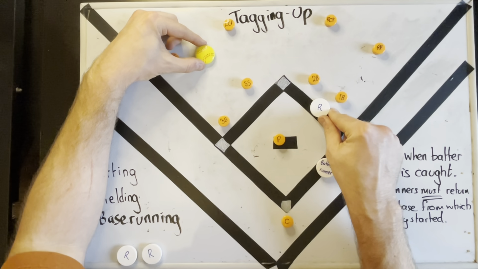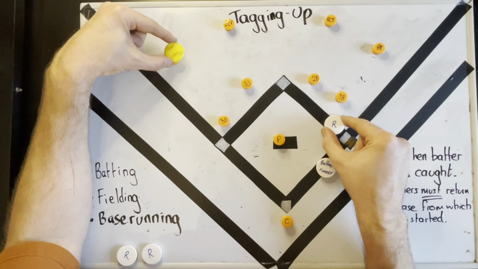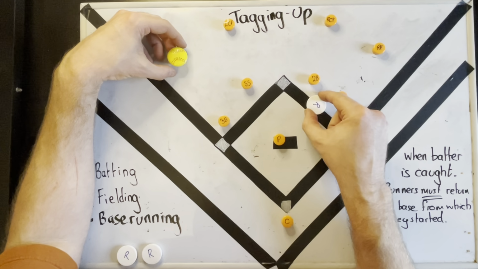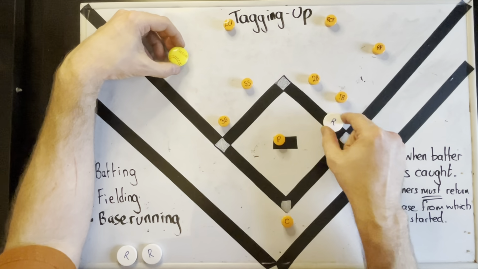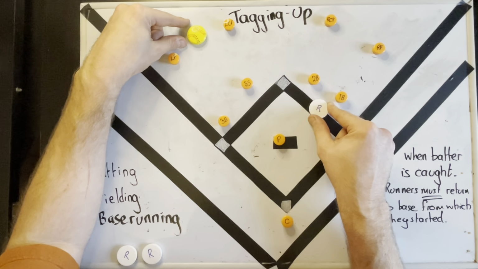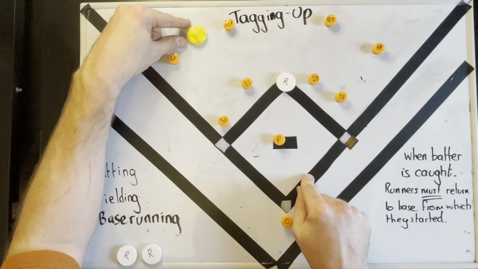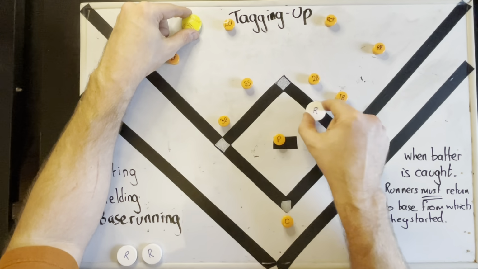I'm going to go halfway. If the ball is caught, I'm going to definitely win that race back. The batter will be out, but the runner can then turn around and head back to the base from which they started. If the ball lands, they're already halfway, so they can then continue on to second base. And hopefully, if the ball lands, they could then round to go to third as well.